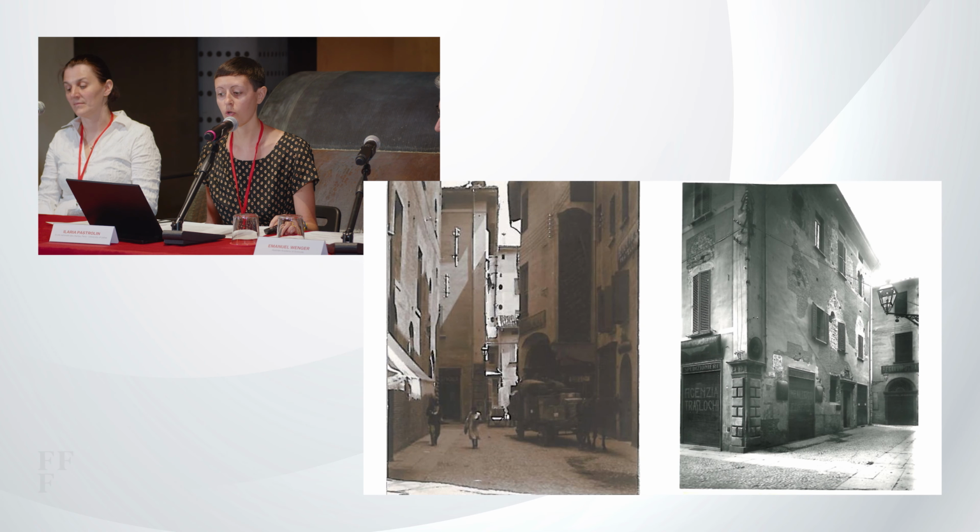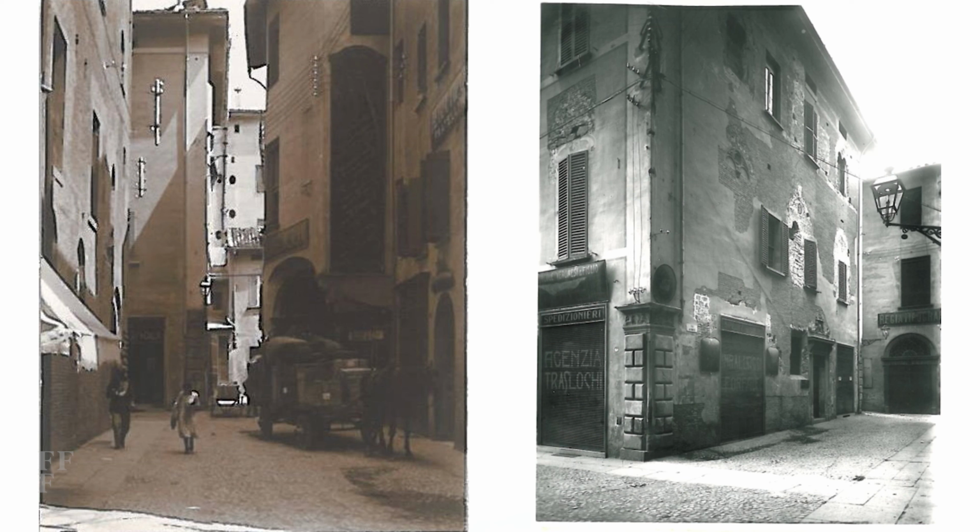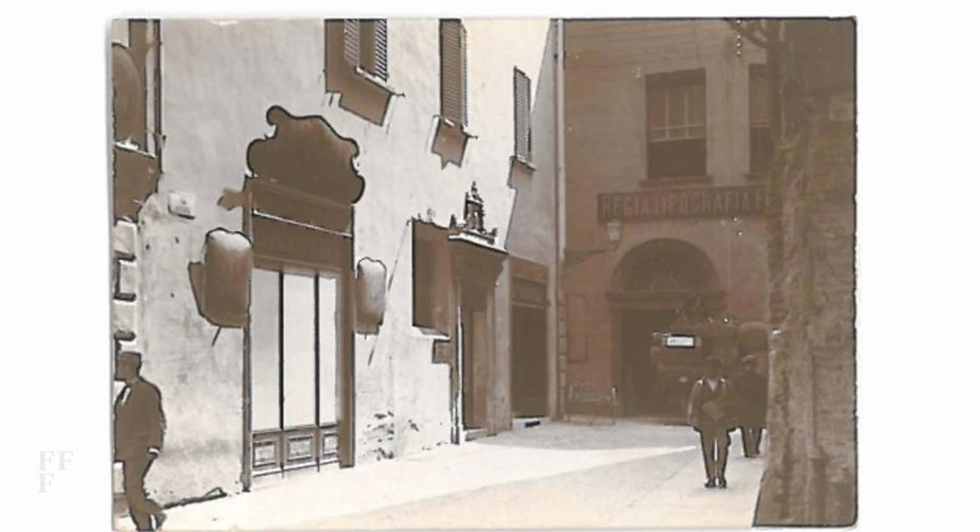So only old pictures, but here you can see at the end of the street the name of Regia Tipografia Merlani, and that building was at that time the place where the Bologna stone was located.